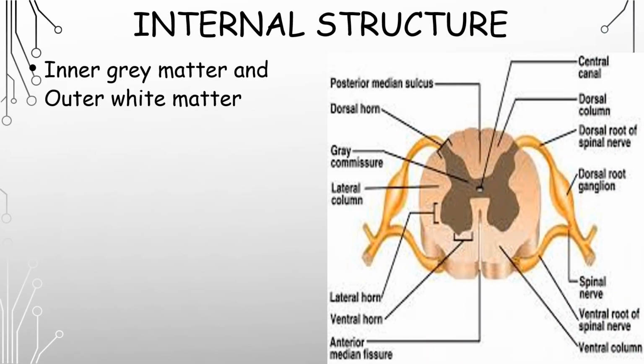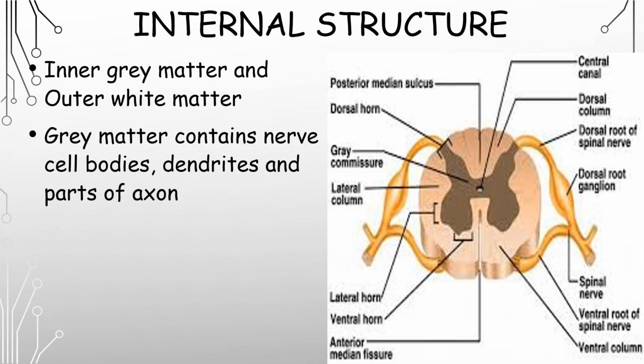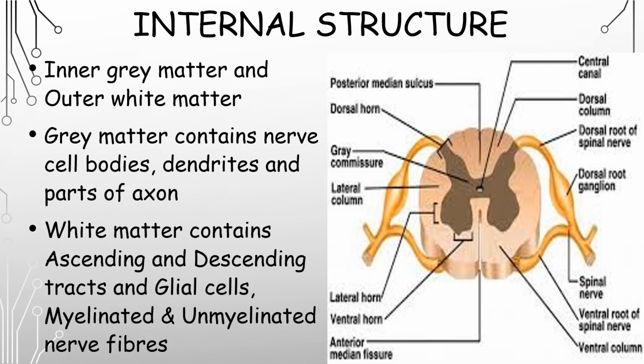Internal structure. In the spinal cord, the inner layer is gray matter and the outer layer is white matter. Gray matter contains cell bodies, dendrites, and parts of axons, whereas white matter contains ascending and descending tracts, glial cells, and myelinated and unmyelinated nerve fibers.